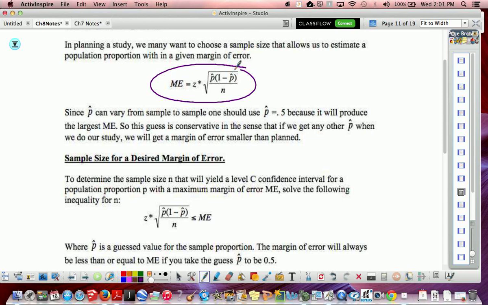Since we don't know that until we collect the sample, what we substitute in for p hat is 0.5. This is because 0.5 will actually produce the largest margin of error. So if we can do it for 0.5, we've guaranteed all the ones that are different than 0.5 will be less than it. So we'll guarantee that it will work for all of them.